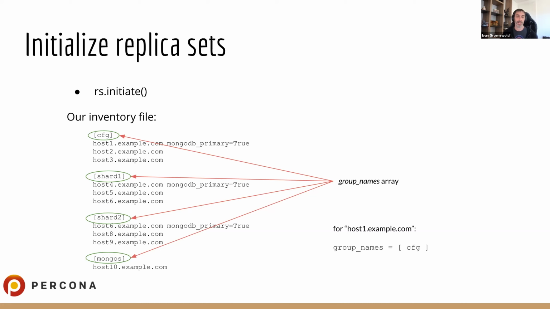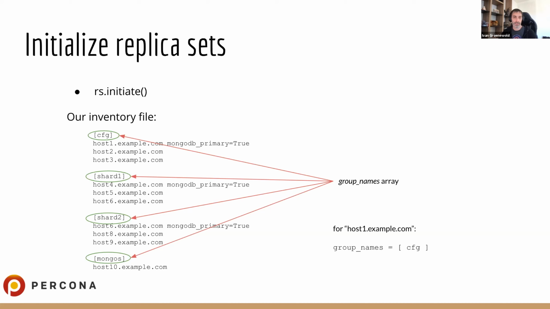So at runtime, Ansible will create a group_names array that will contain the list of groups that each host belongs to, okay? So for example, for host1, which is the first host in our inventory file, this group_names array will have the CFG value, okay, which is the group where it belongs to.